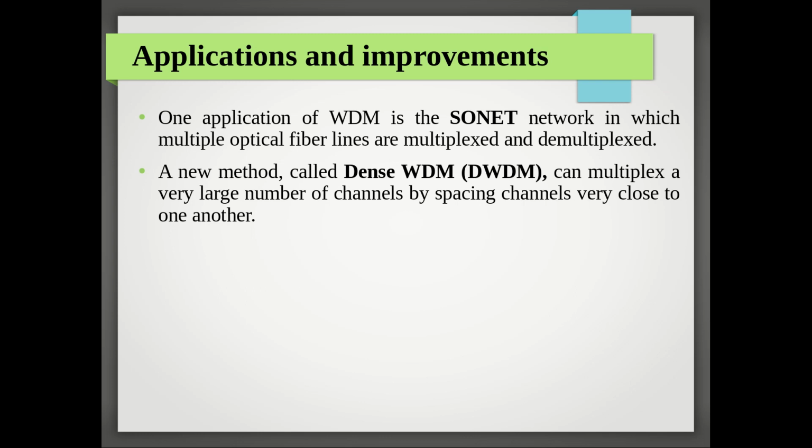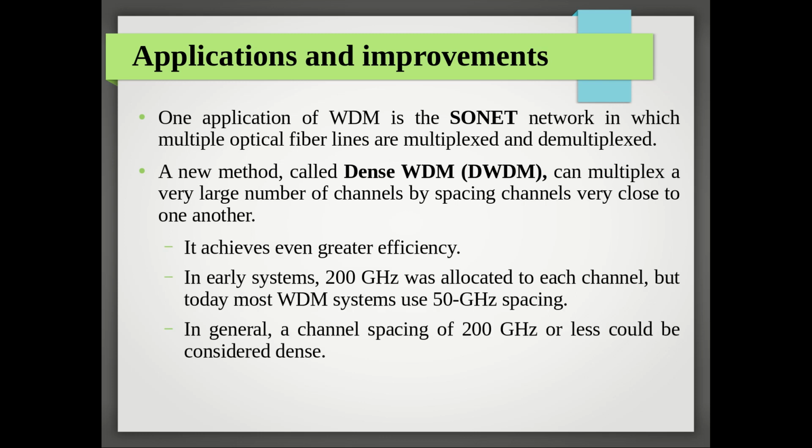As you make this more and more dense, the overall performance improvement will be high. In that case you can see that the channel spacing between two adjacent channels is very small; the channels are very close to each other. That is why we can multiplex a large number of such channels together, making it dense wavelength division multiplexing.